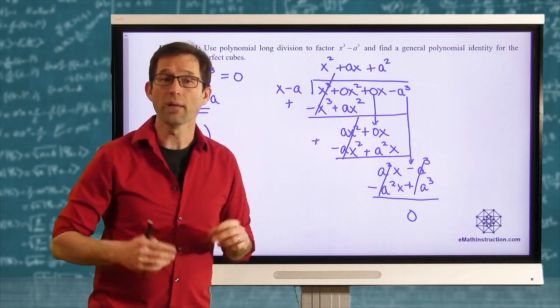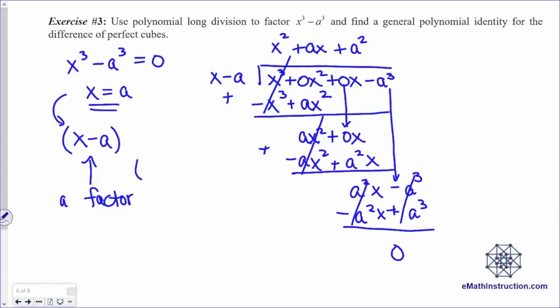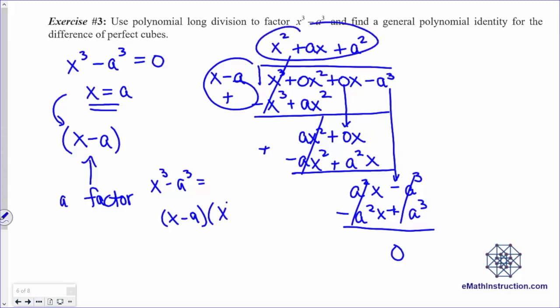But now we have it, right? Because now what we can say is that in general, x cubed minus a cubed will be x minus a times x squared plus ax plus a squared.